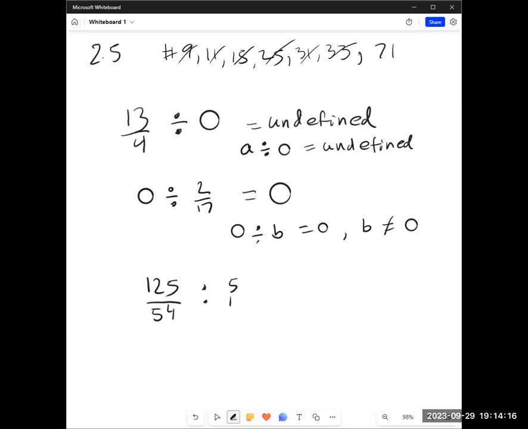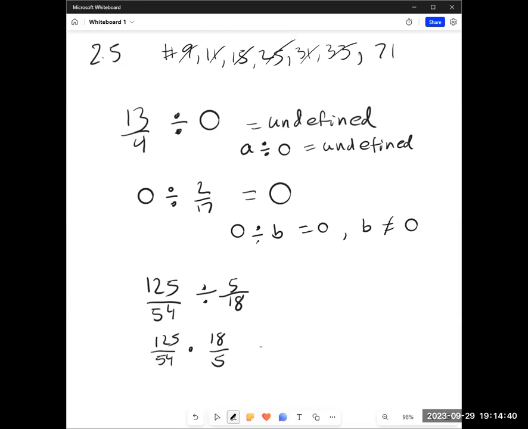And this is going to be 125 over 54 times 18 over 5. You might want to break this down a little bit. Those are some pretty big numbers.